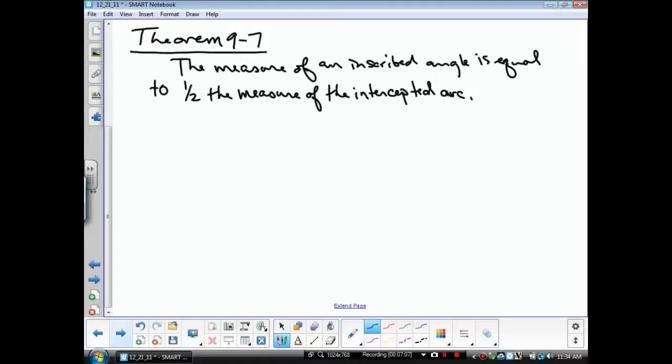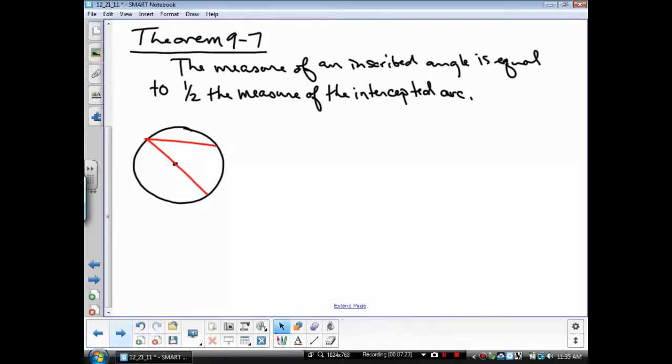So, Theorem 9.7, I have 3 diagrams to draw. The first diagram is where the inscribed angle actually has one of the sides as a diameter. The second diagram that we're going to draw is that the center is on the inside of the inscribed angle.